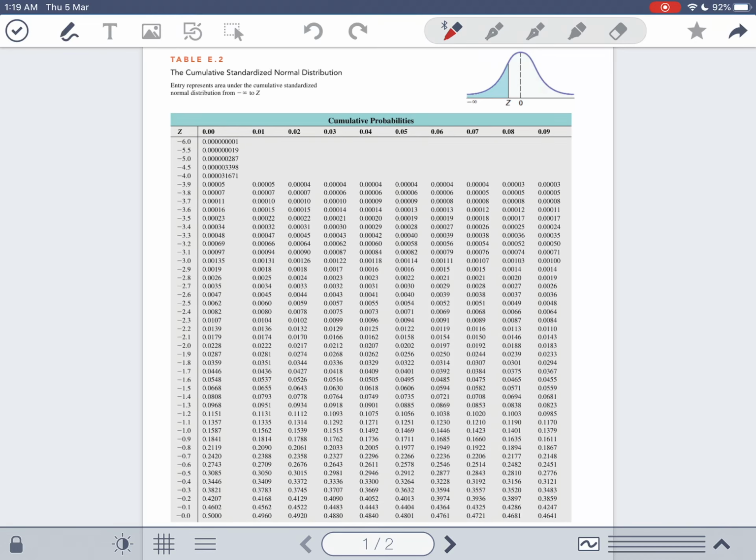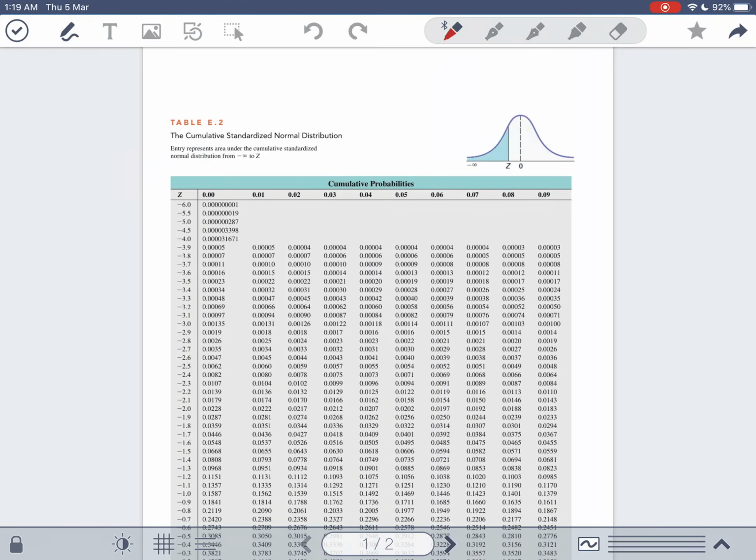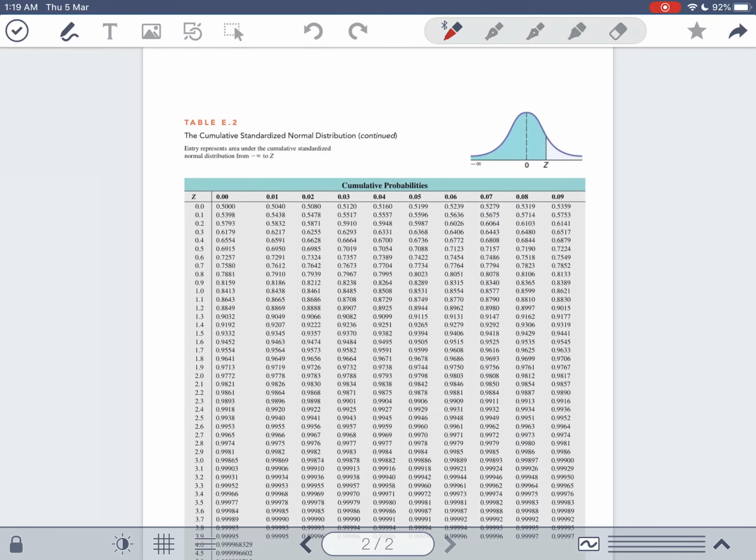It looks like this. It has the negative part for Z and the positive part for Z, okay? And each of these numbers that you see here gives you the cumulative area or the cumulative probability up to the Z that you have here.